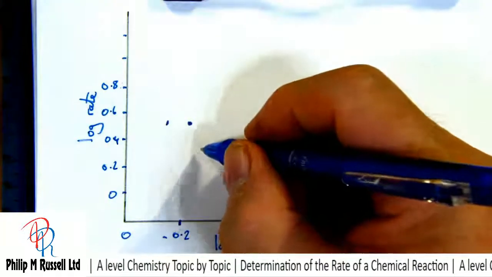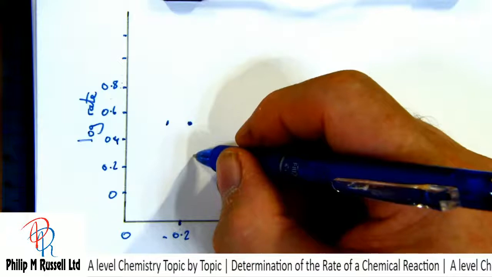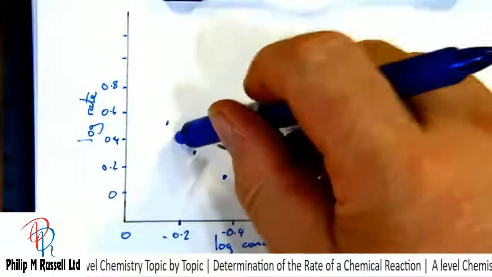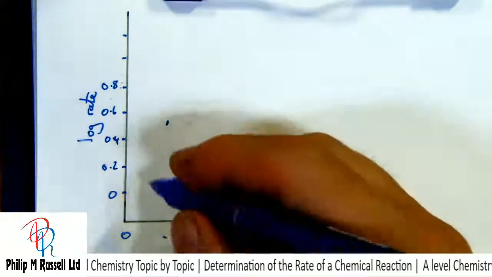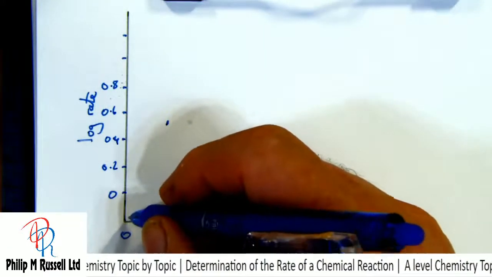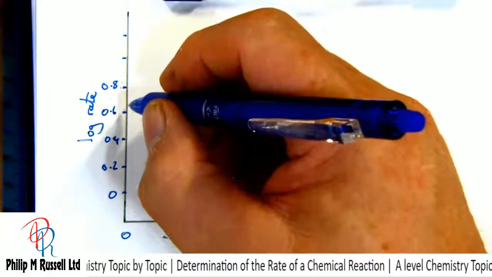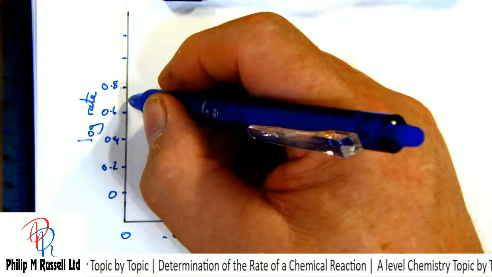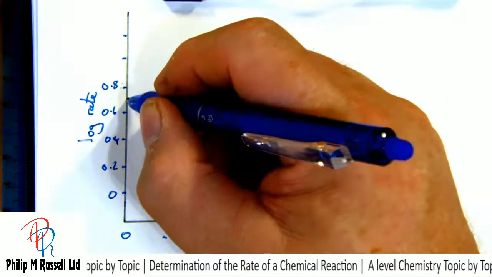The other one was 3.4. Making a mess because I'm doing this in a hurry. And we've got about 0.69 here and 0.